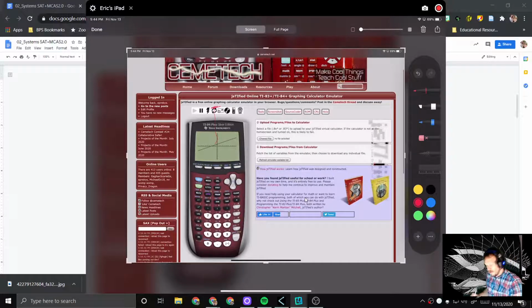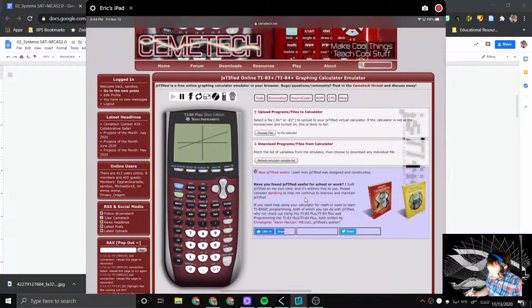I want to grab up here with my hand and grab down here with my hand and squish all of this in. So I'm going to change my y max to something above 21. Let's make it 30 just to give us some extra space. So I'm going into Window. Y max, I'm going to change to 30. And I'm going to hit graph.